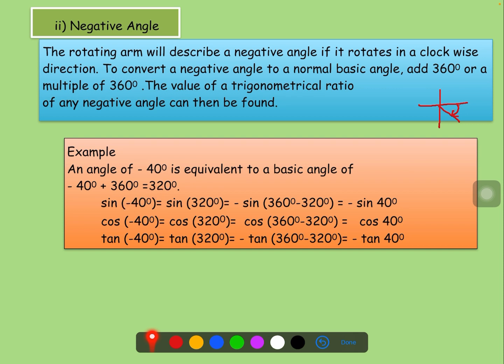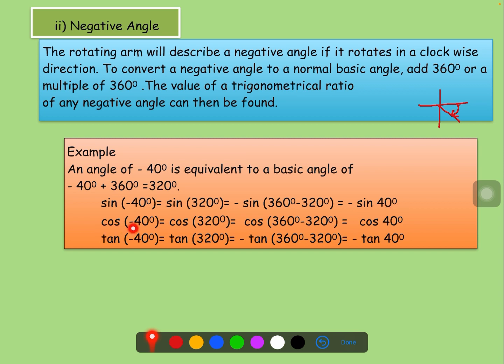Sine minus 40 degrees is sine 320 degrees, equals minus sine of 360 degrees minus 320 degrees, which equals minus sine 40.